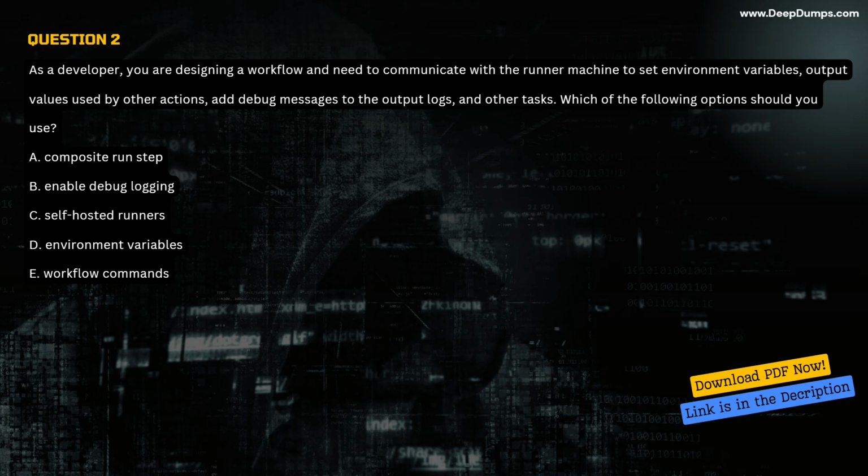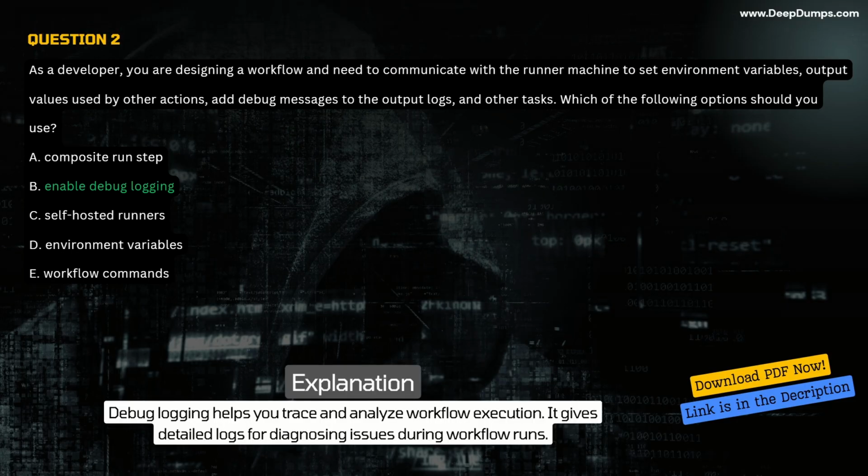C. Self-hosted runners. D. Environment variables. E. Workflow commands. Correct answer B. Enable debug logging. Explanation: debug logging helps you trace and analyze workflow execution. It gives detailed logs for diagnosing issues during workflow runs.